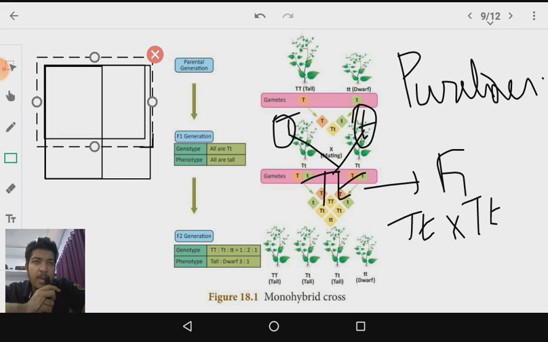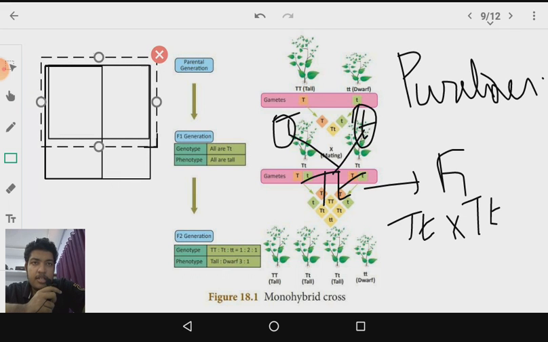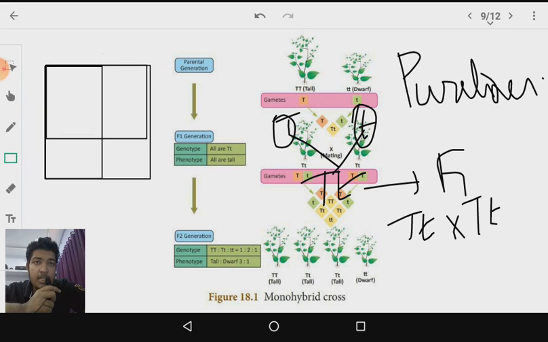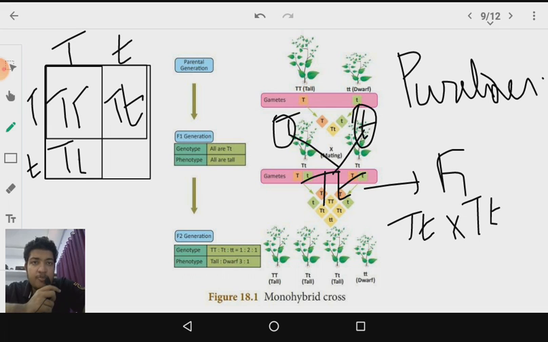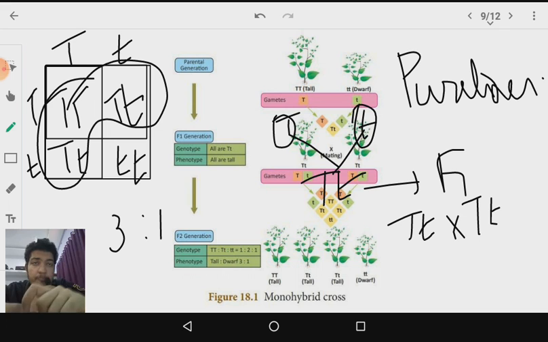So this is the square, and now we will make the crosses, capital T small t here and capital T small t here. So here it is going to be capital T capital T, capital T small t, capital T small t, and small t small t. So these are the different genotypes that we are getting. So again, the phenotypic ratio is 3 is to 1 because all these are tall, 1 is dwarf, and the genotypic ratio is coming out to be 1 is to 2 is to 1.